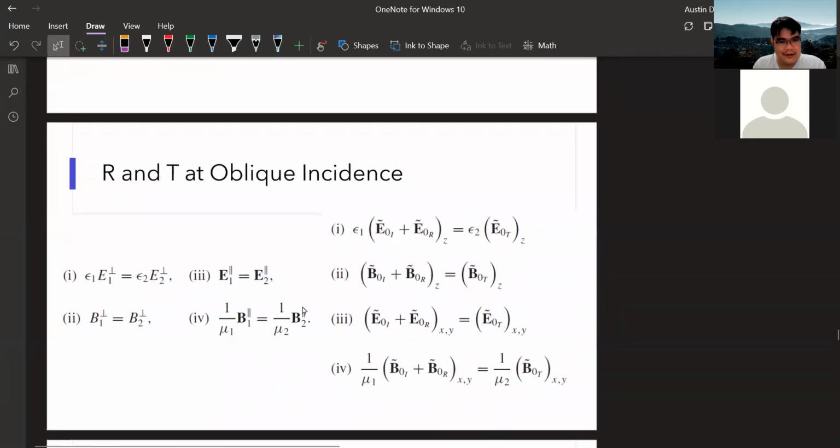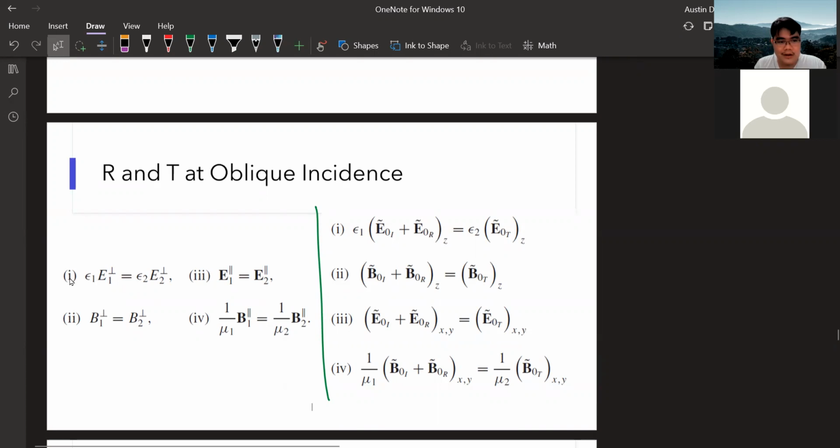Okay, now, tuloy tayo sa mga boundary conditions that would govern your equations. So yun, the left-hand side would be the boundary conditions from Maxwell's equations, and the right-hand side would be the equations arising from those boundary conditions.